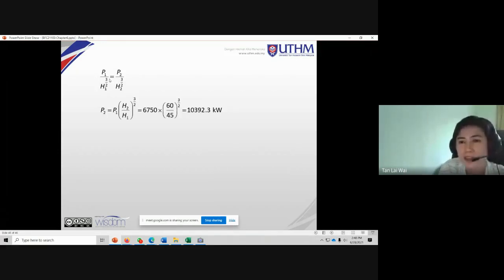So since I'm using P1 in kilowatt, I can have my answer as kilowatt too, because the left and right formula are the same. Is it okay? Okay, Doktor.